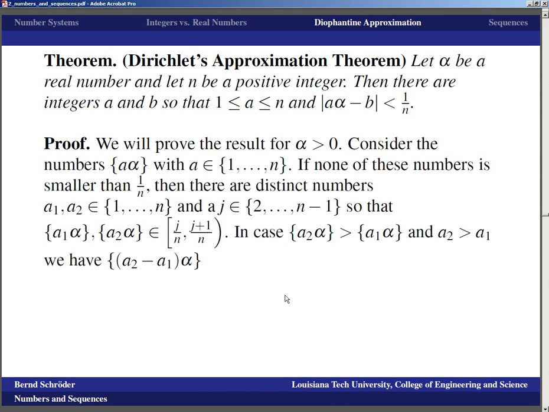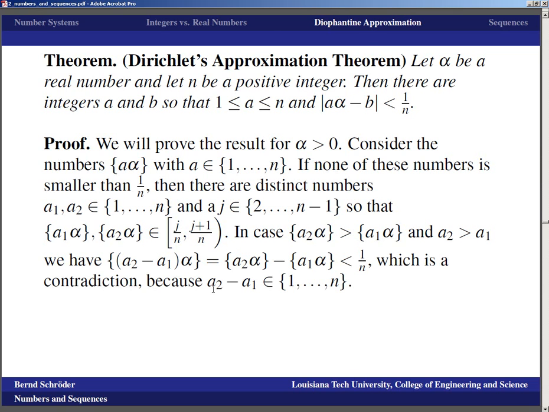We ought to be able to get something out of that, because now if the fractional part of a2 alpha is greater than the fractional part of a1 alpha, and if also a2 is greater than a1, then the fractional part of a2 minus a1 times alpha is just the fractional part of a2 alpha minus the fractional part of a1 alpha, and that's smaller than 1 over n because those two are both in the same interval.